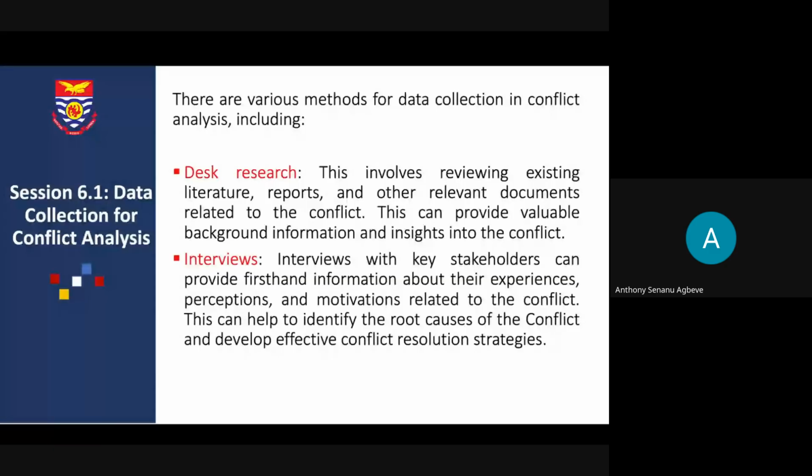And then another method is interviews, right? So interviews with key stakeholders can provide first-hand information about the experiences, perceptions, and motivations related to the conflict, right? So you talk to people. You can talk to community elders and chiefs within the affected area.